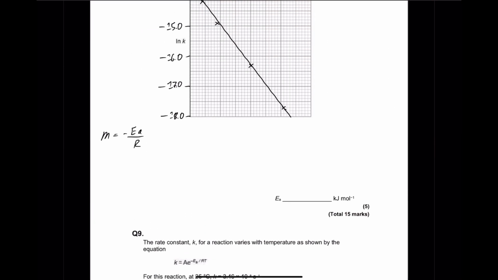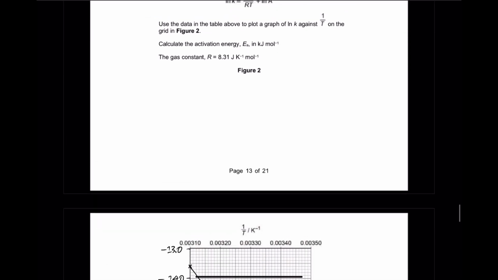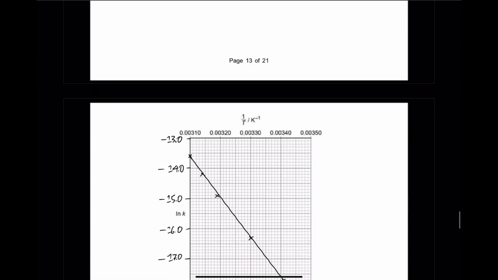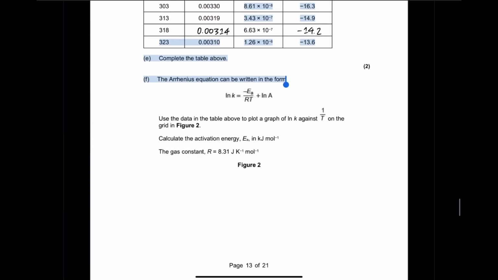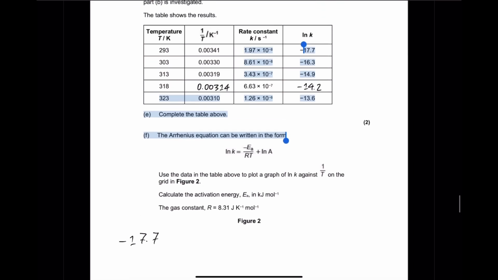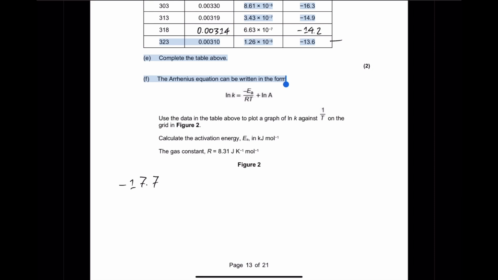If we know that, so I cut the m. m is equal to minus 17.7. Let's just use the graph here. This point here, so that'll be a rise.